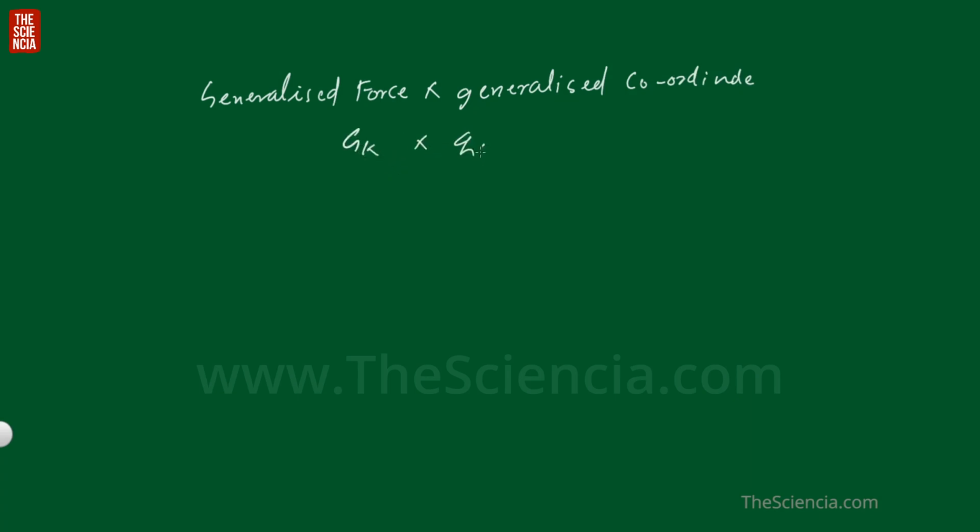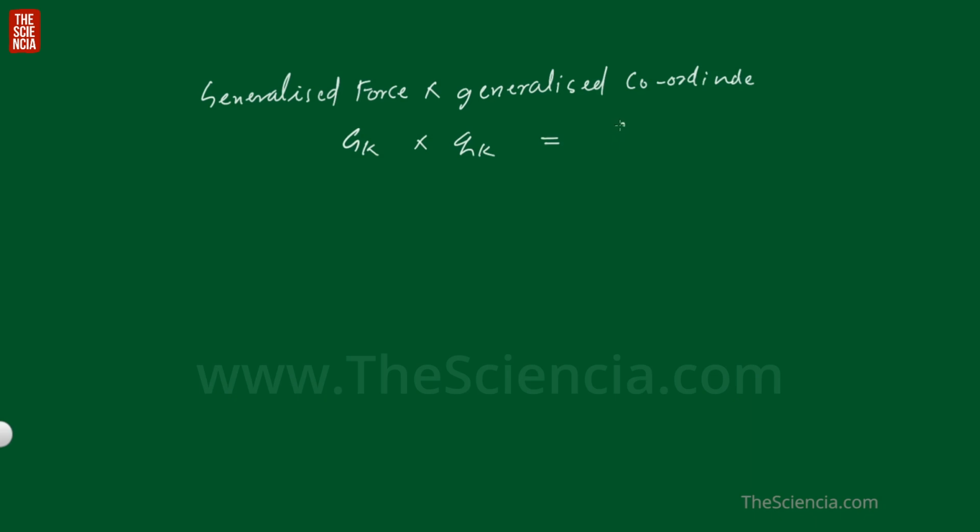But there is an interesting condition, that is the product of generalized force into generalized coordinate. We are taking the product of generalized force and generalized coordinate, that is Gk into qk.